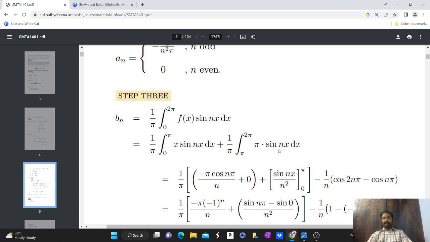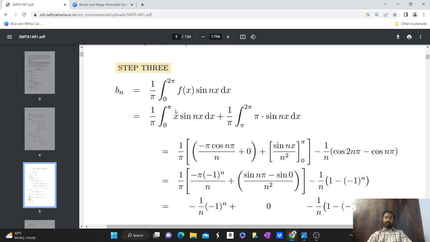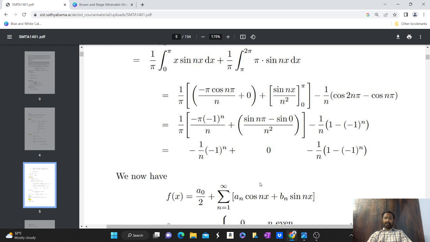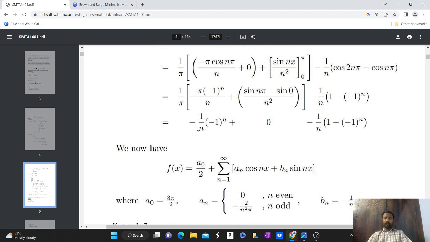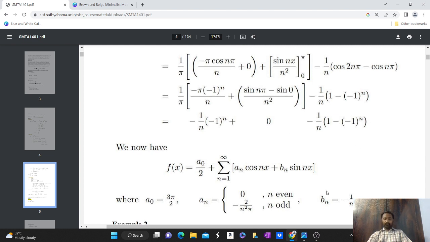On the right hand side, sin nx, the integration of sin nx is minus cos nx divided by n, and we have to substitute the upper limit minus lower limit. Finally we get the value of minus 1 by n minus 1 power n plus 0 minus 1 by n, 1 minus 1 power n.